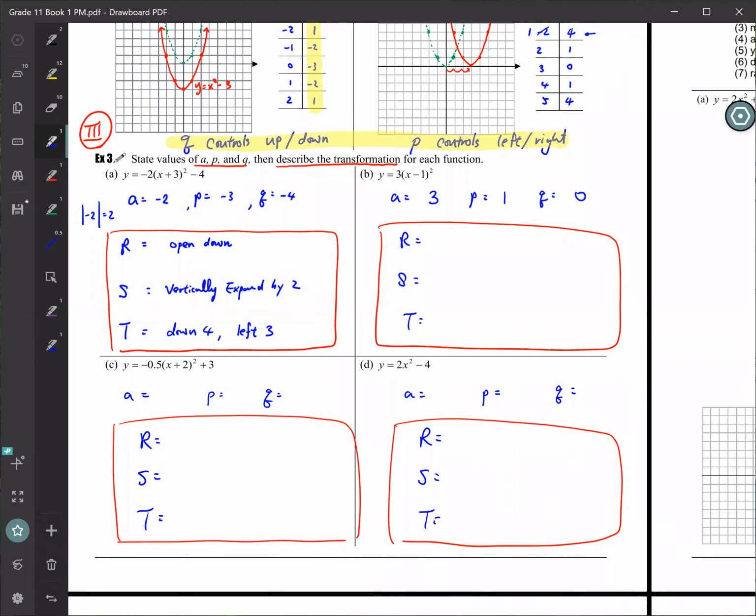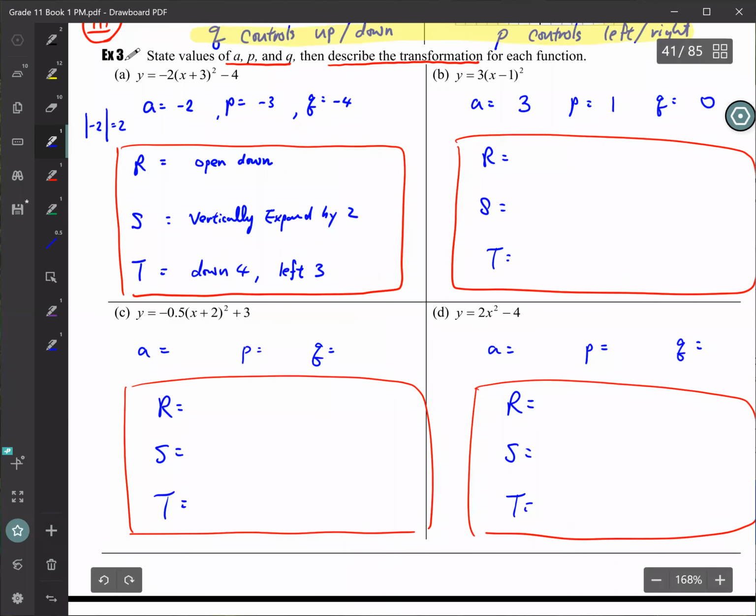Okay, by now you should be on C already. Evan, can you tell me the APQ for C? The APQ for C is negative 0.5 for A, -2 for P, and for Q is 3. Yep, very good.